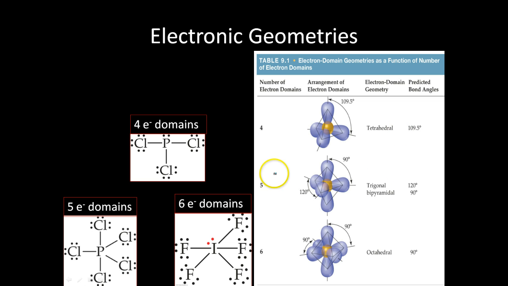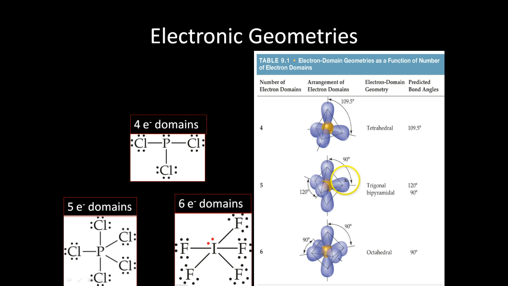If you go to 5 electron domains, something like PCl5, this is called trigonal bipyramidal, where you have one of the electron domains up top, one of the electron domains down bottom, and then in a plane you have basically a trigonal planar arrangement for the electrons in the plane.